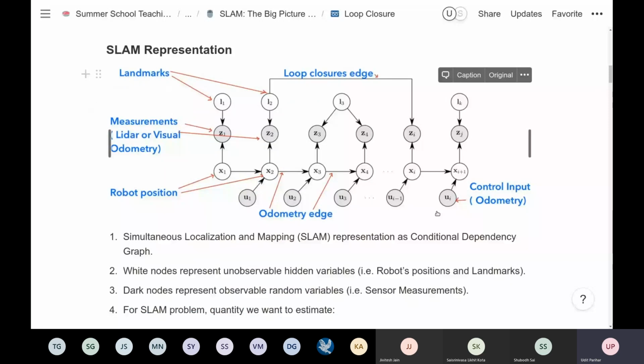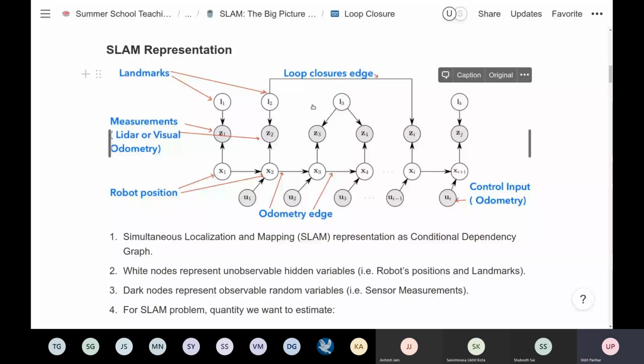This is the SLAM problem, and this is a conditional dependency graph. It says which variable depends on which of the previous variables. Like, x2 depends on the previous robot pose x1, and also the input u1.